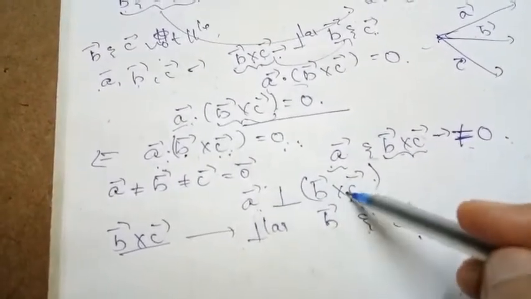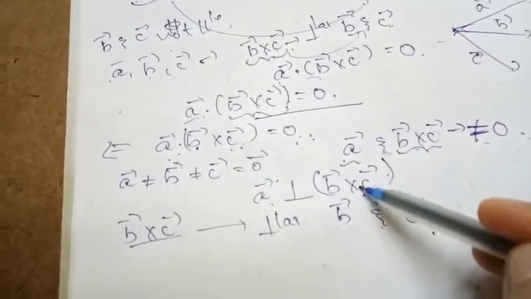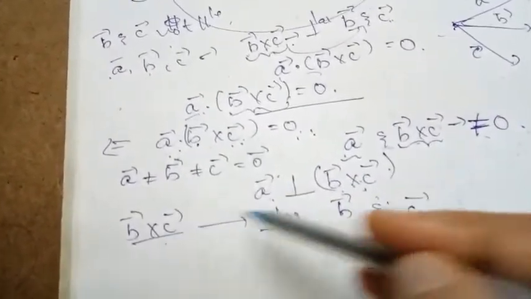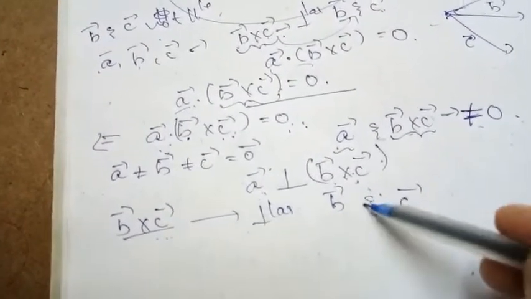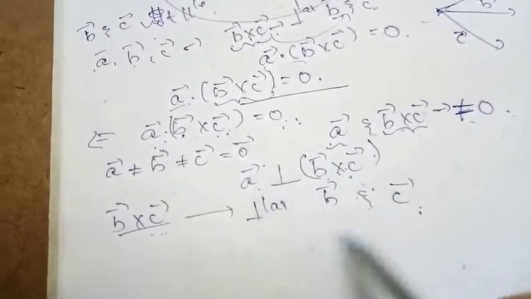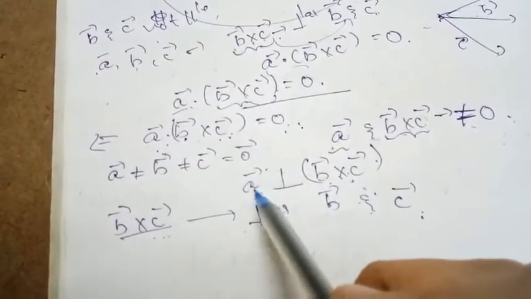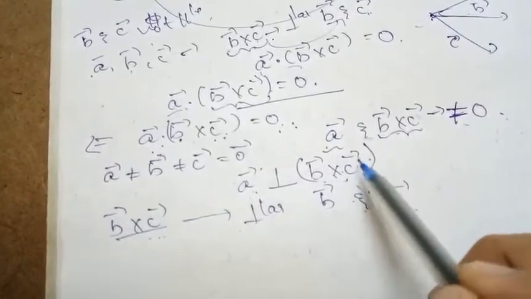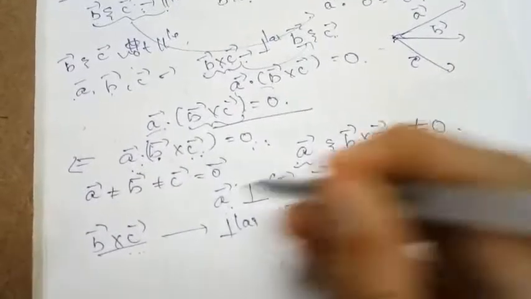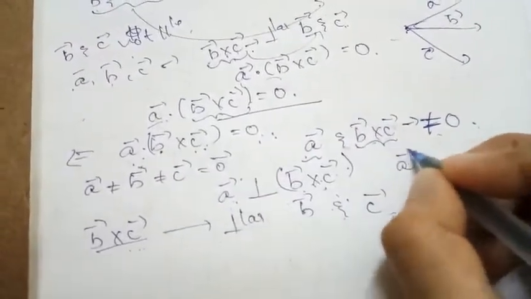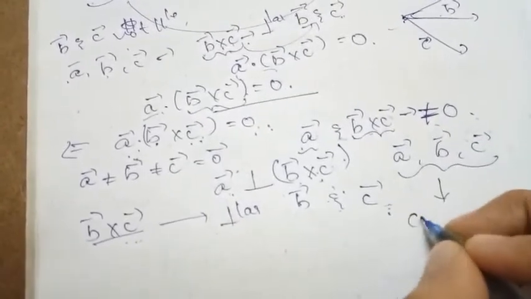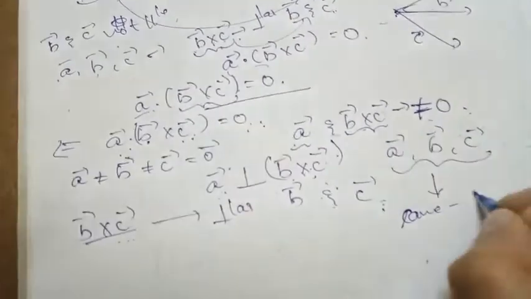So vector A is perpendicular to vector B cross C. And vector B cross C is perpendicular to vector B as well as vector C. So now you can observe properly that vector A is perpendicular to this vector and this vector is perpendicular to these vectors, which means clearly all the three vectors are lying in the same plane, right? Vector B, vector C are in the same plane, that is nothing but coplanar.